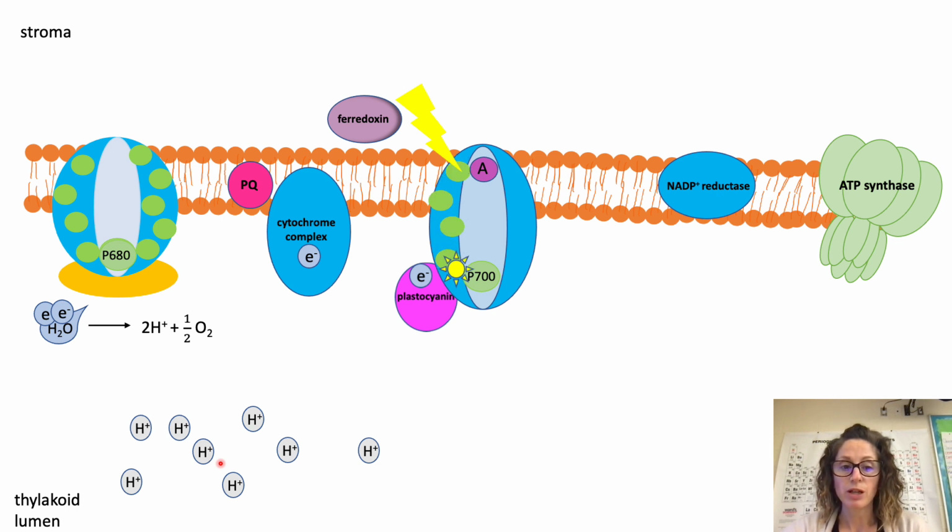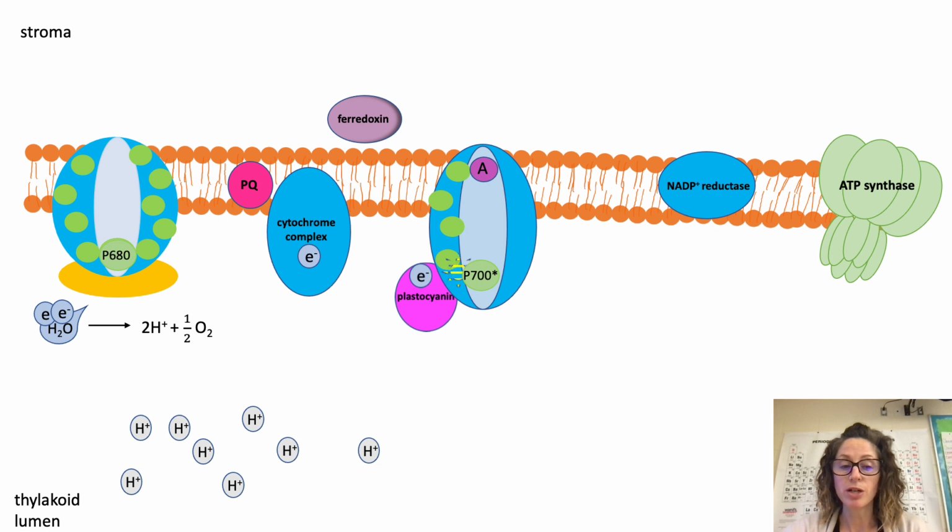We have the accessory pigments being energized and sending energy, not electrons, into P700, which is chlorophyll A, which best absorbs light at 700 nanometers. So this becomes P700 star, so energized.